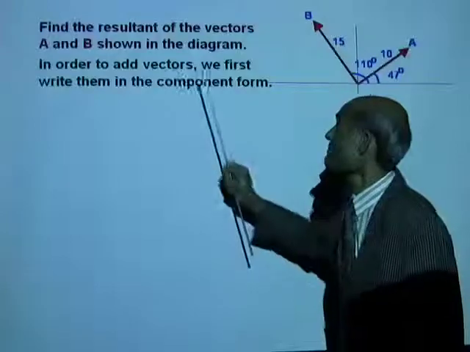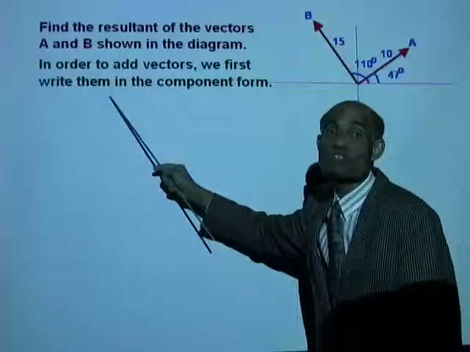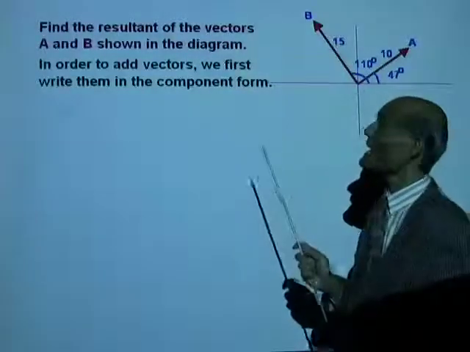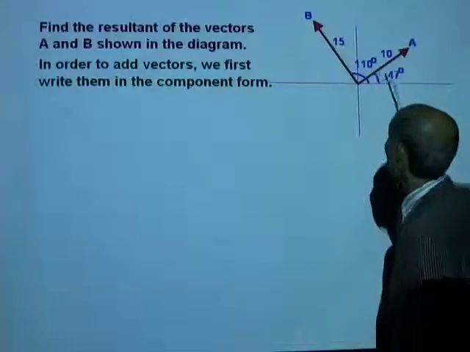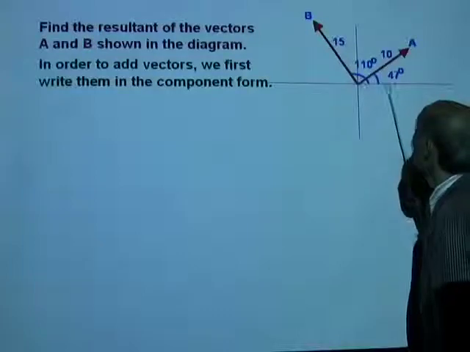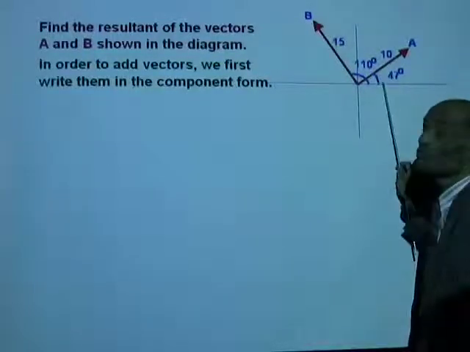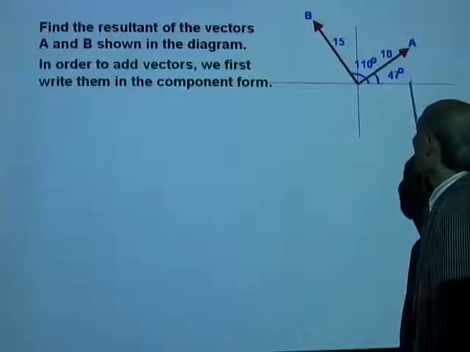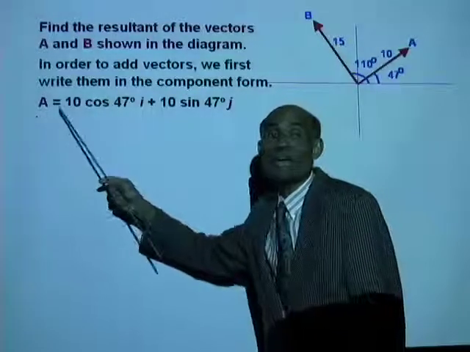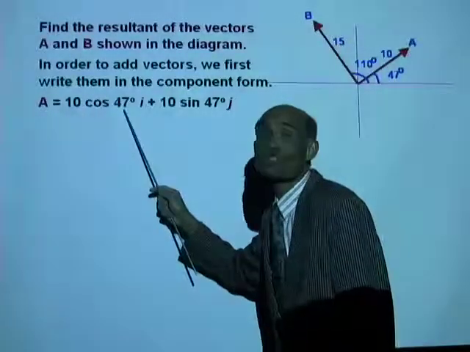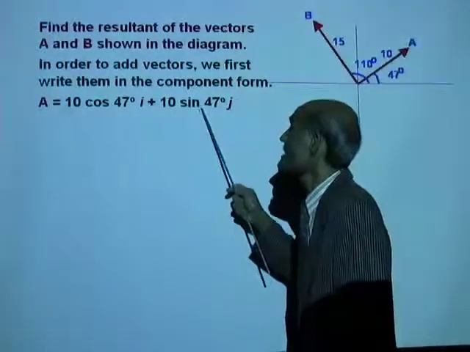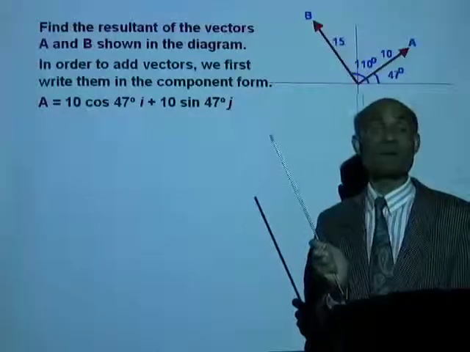In order to add vectors, we first write each of these vectors in the component form. And how do we write vector A in the component form? Well, vector A has a magnitude 10. That means its x component will be 10 cos 47 and its y component will be 10 sine 47. A is 10 cos 47 i, this is the x component, plus 10 sine 47 degrees j.